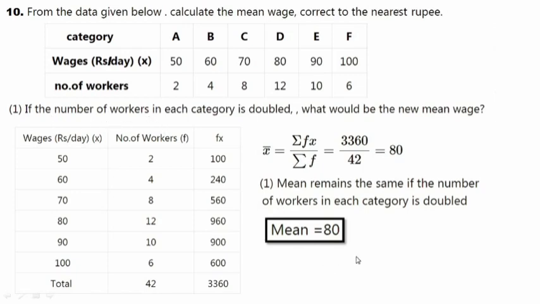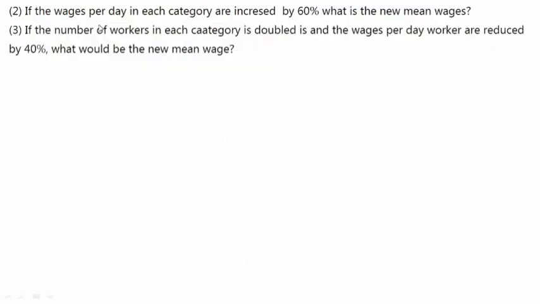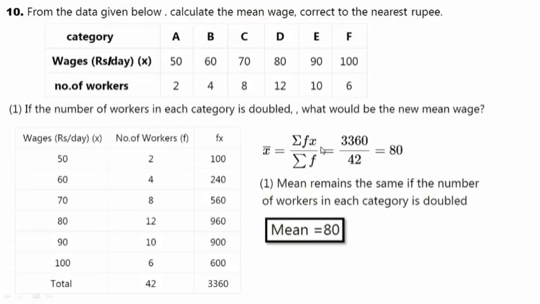There are still two more sub questions. Before that, you may pause the video and note down your solution. Okay, so next is, if the wages per day in each category is increased by 60%, what is the new mean wage? In this case you are changing the wage, that means you are changing x, right?